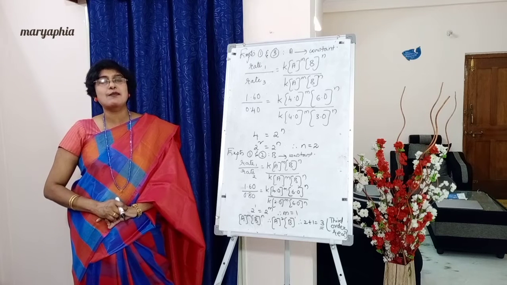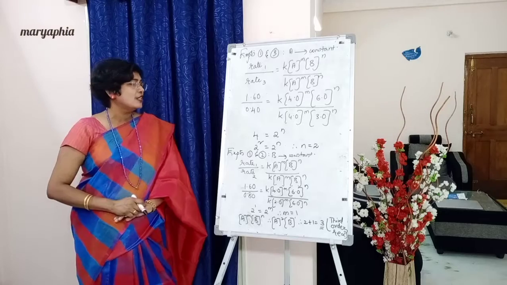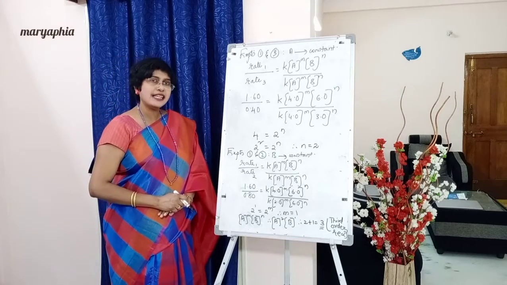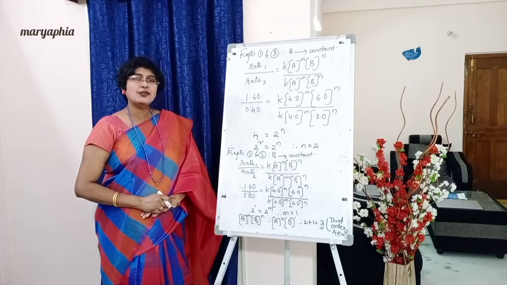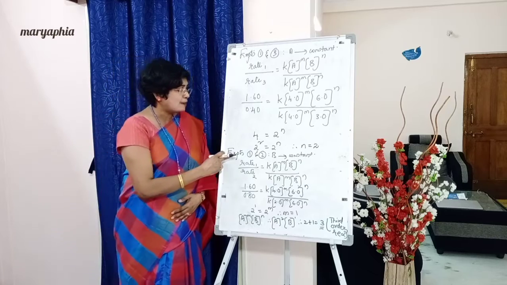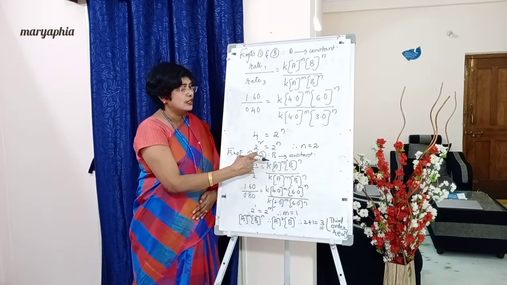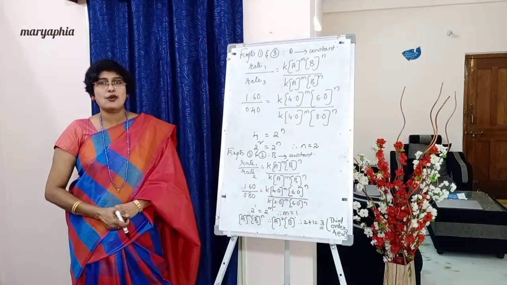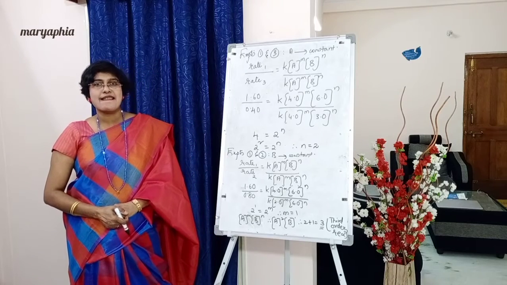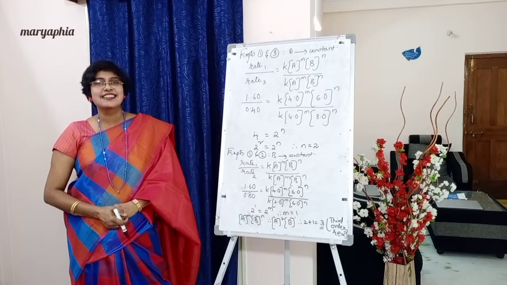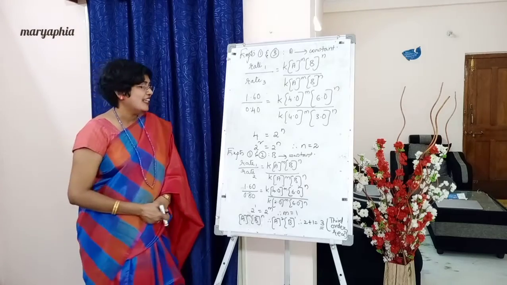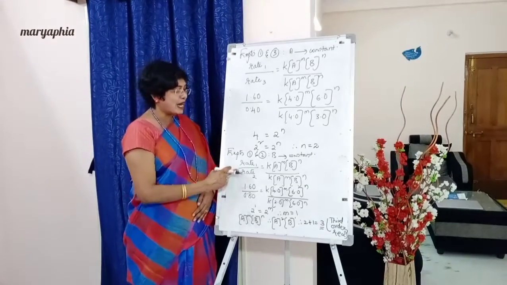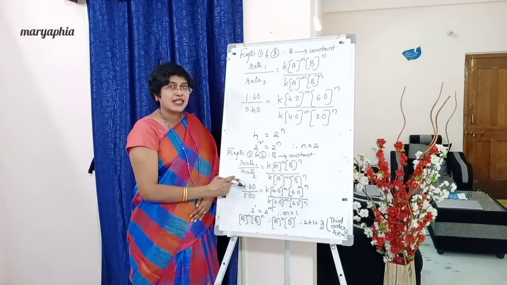Now you understood the order with respect to A is 2. Next, students, the other set of experiments. Experiments 1 and 2: if you observe, the concentration of B is constant. Have you observed that? Now the same formula you will write here, but for the first experiment and second experiment.